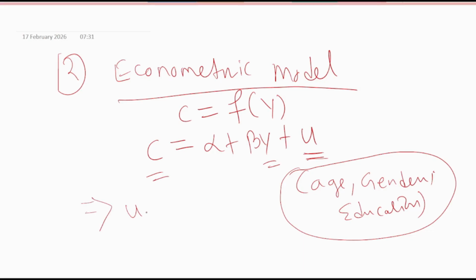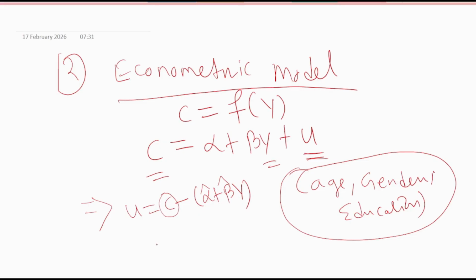That means the error will be equal to C minus alpha plus beta y. Okay. So here alpha plus beta y can be the estimated value of alpha and beta.